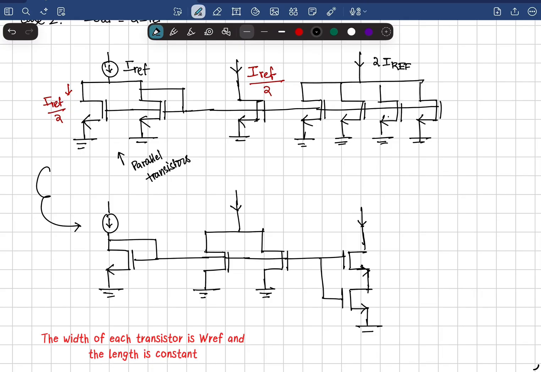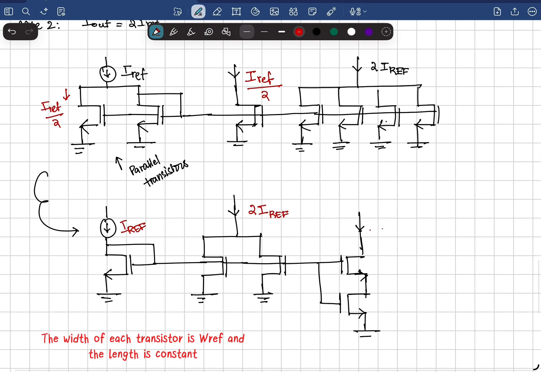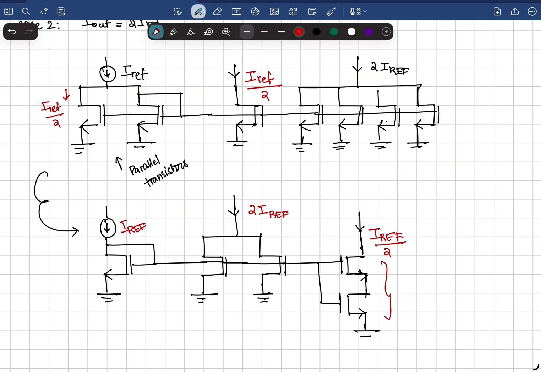Now if you calculate, the effective current through this branch would be twice the reference current, this being the reference current, and the effective current through this branch would be half the reference current. And these two transistors are in series.